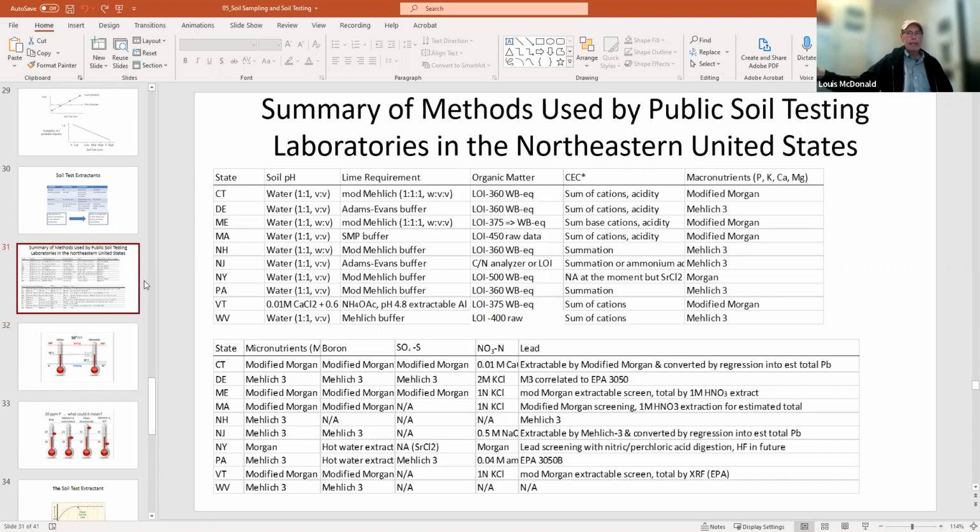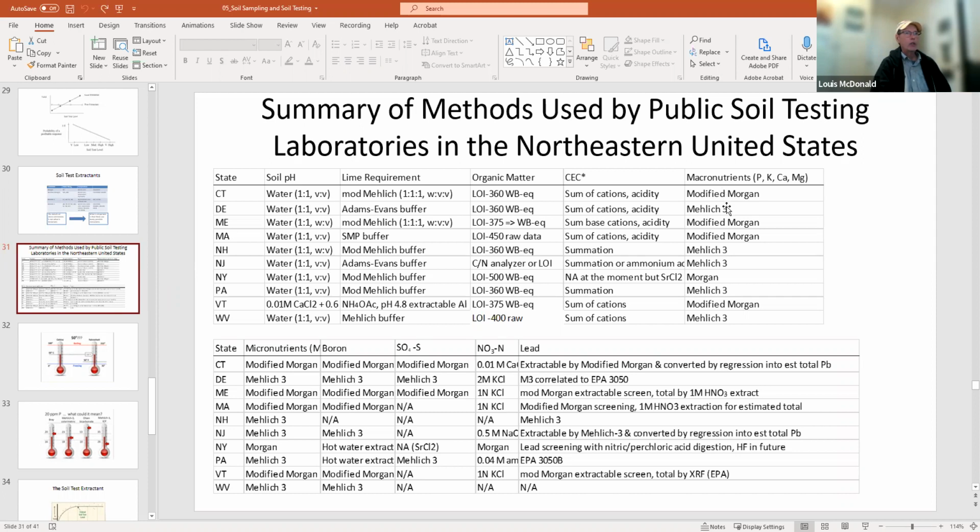I paid to send it to A&L Laboratories or Dairy One or whatever, and we got different numbers. The one I paid for must be right because I paid for it. And the question you have to ask yourself is not what's the number, right? It's what's the recommendation? Because the number is going to depend on what extractant they used. So let's look at the macronutrients, right?